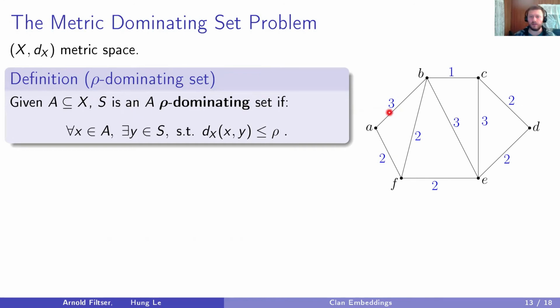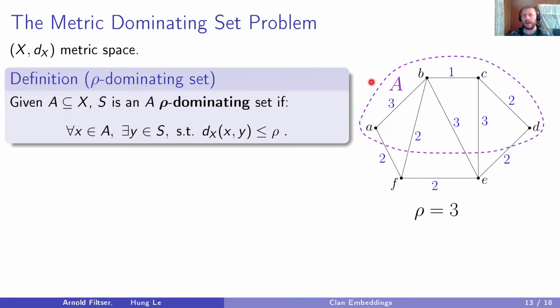So let's see an example. This is some graph, a metric space, shown with its shortest path metric, and you have a set A, the purple set here, and some parameter rho.